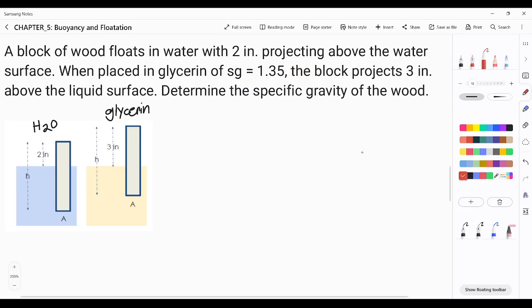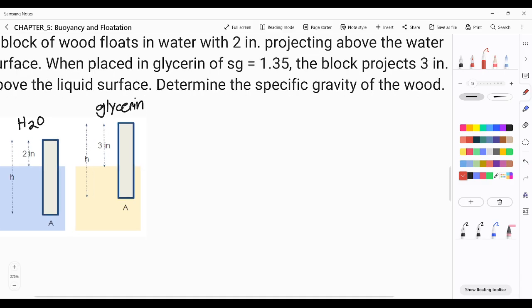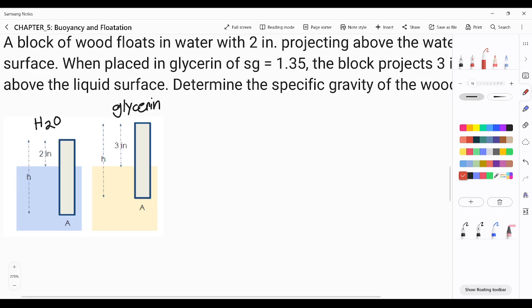Let's solve. Alright. What are we given? We are given 2 inches and 3 inches.